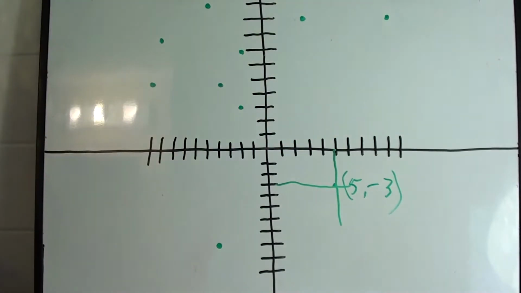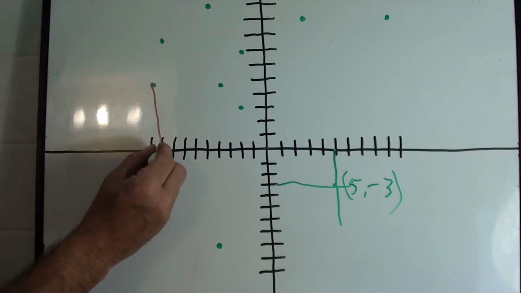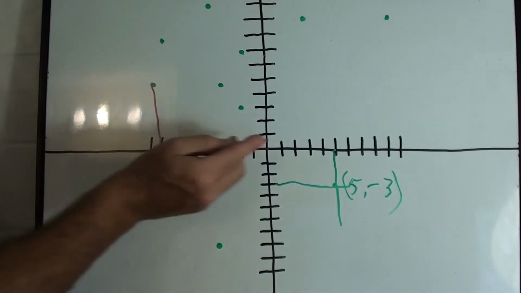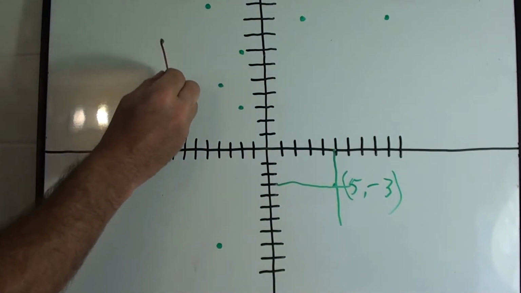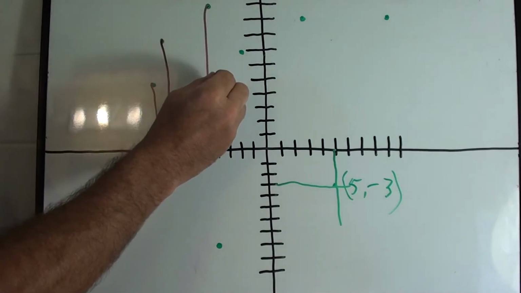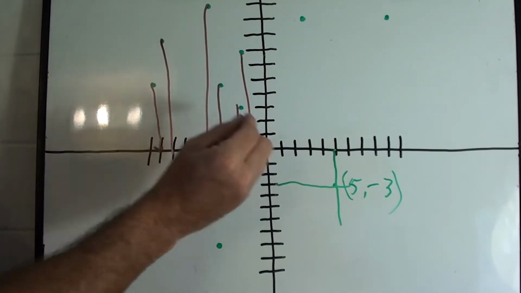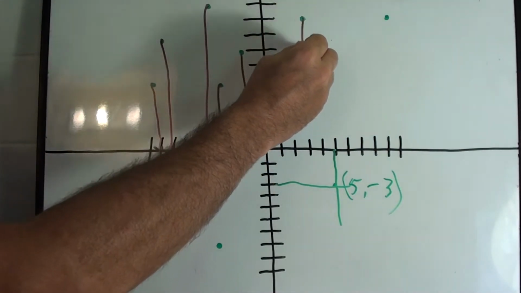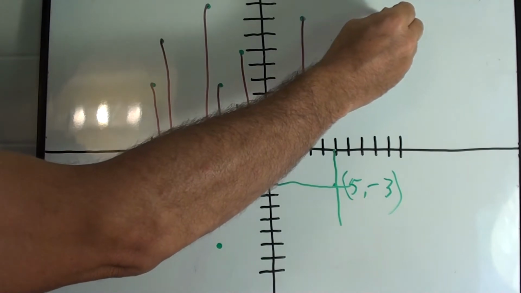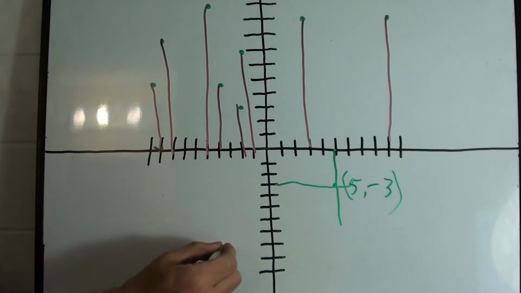Okay? And so what I mean by that is bring this down, bring this down, and so forth. Bring everything down, and it doesn't matter if I'm drawing them straight. And then we bring this one up.